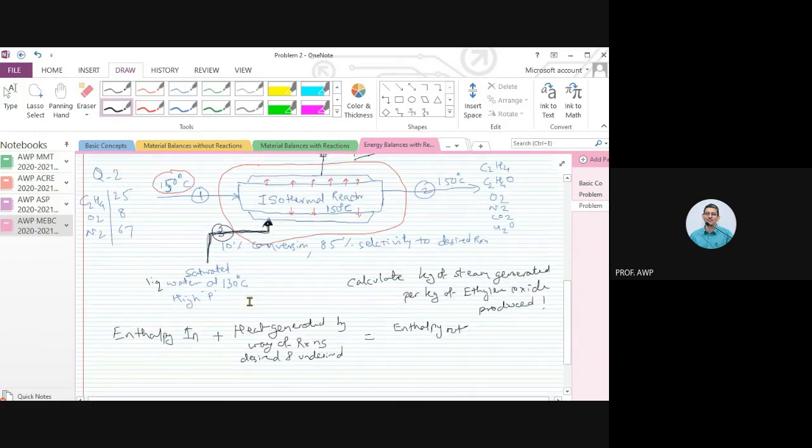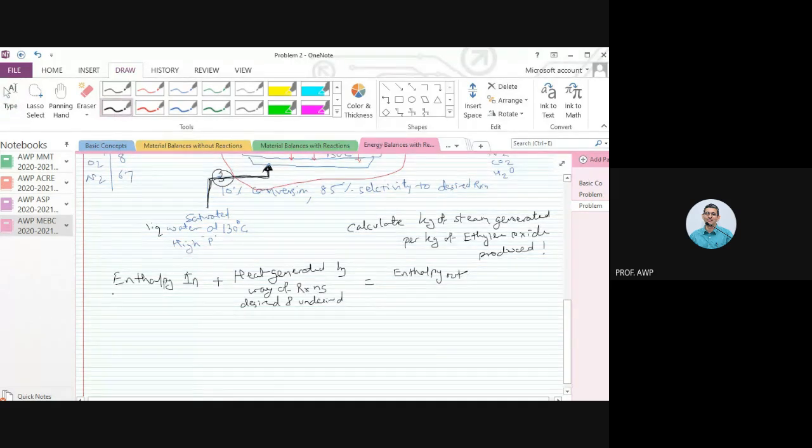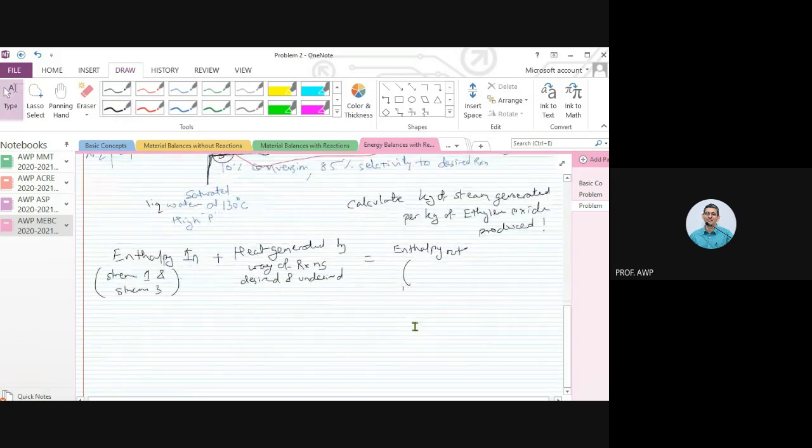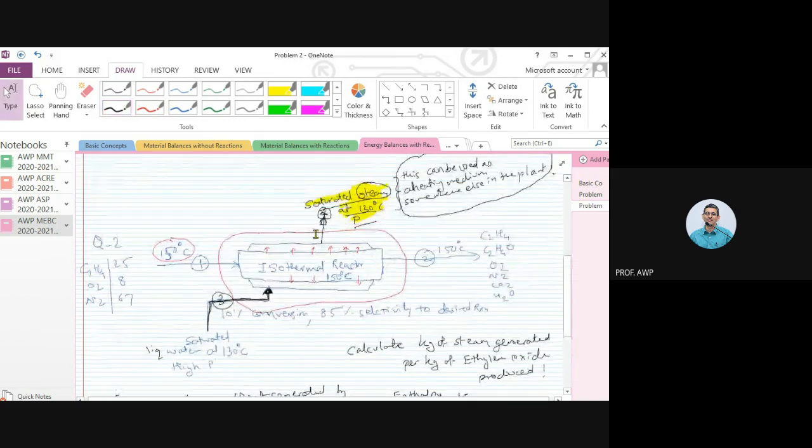Enthalpy coming in is because of stream 1 and stream 3. Enthalpy going out is because of stream 2 and stream 4. Find out enthalpies of stream 3 and stream 4. Use the steam table.